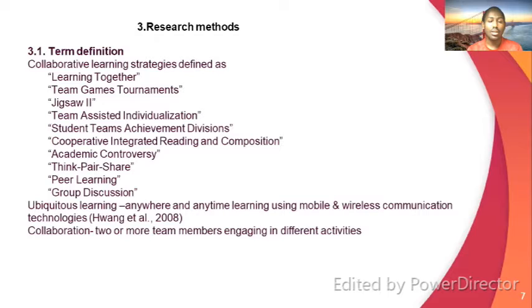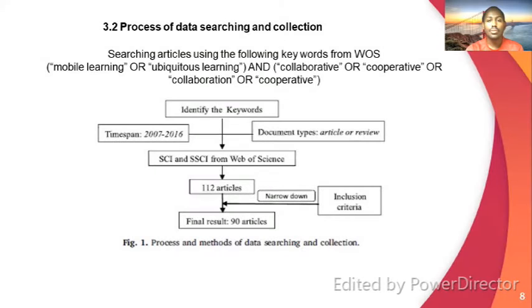These are the definitions for collaborative learning strategies from their features. Ubiquitous learning is defined as the learning type that happens anywhere and anytime using mobile and wireless communication technology. Collaboration means two or more team members engaging in different activities.